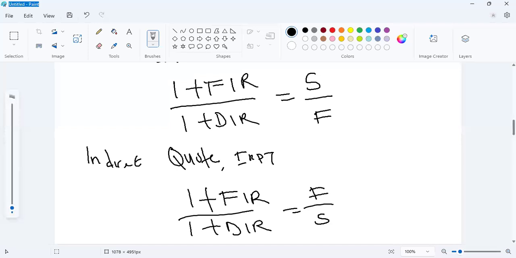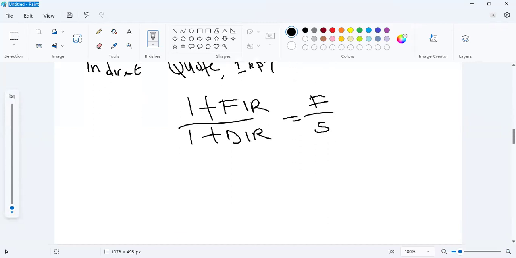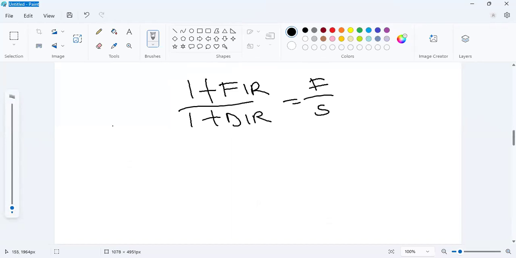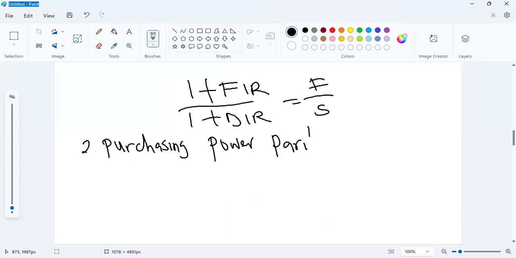Then number 2, we have the purchasing power parity theory.